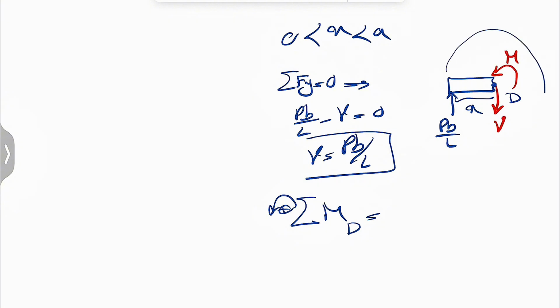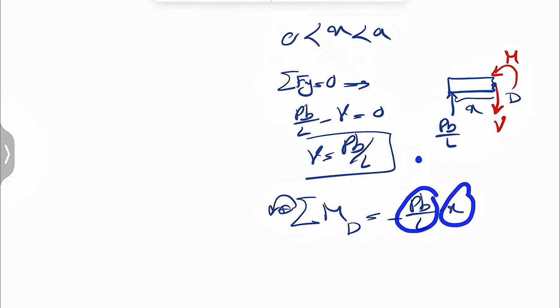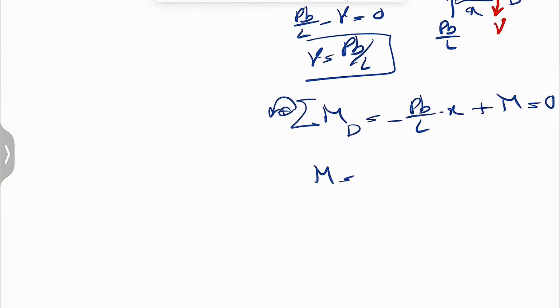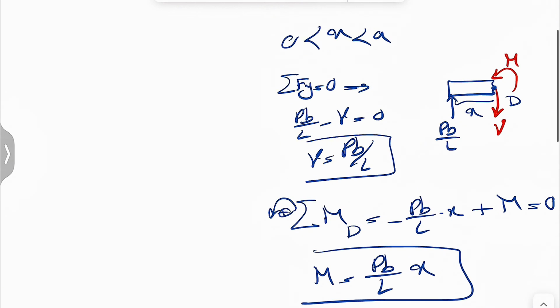The moment of Pb over L about D is going to be clockwise, so negative Pb over L times x, again, moment is equal to force times distance. So don't forget to consider both force and distance vector, and on top of that we have our bending moment, M equals 0, again because of the equilibrium, and this is going to be our moment equation.